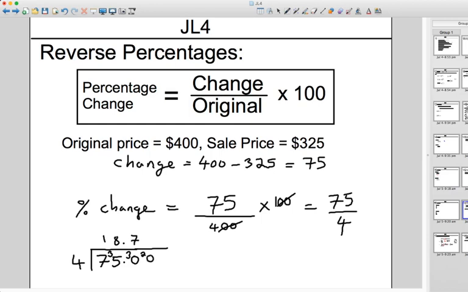And then I'm doing 4 into 20 is 5. So I know that the percentage change here is 18.75%. So it's an 18.75% reduction from $400 to $325.